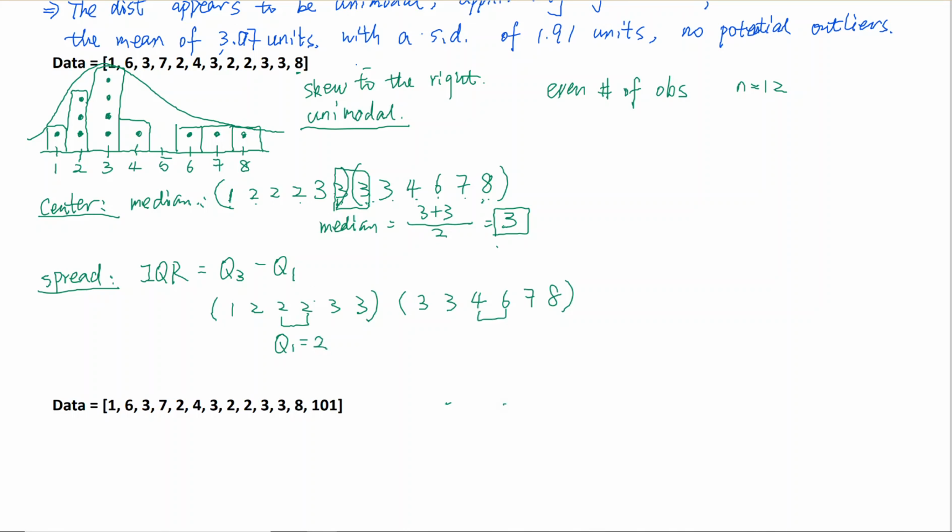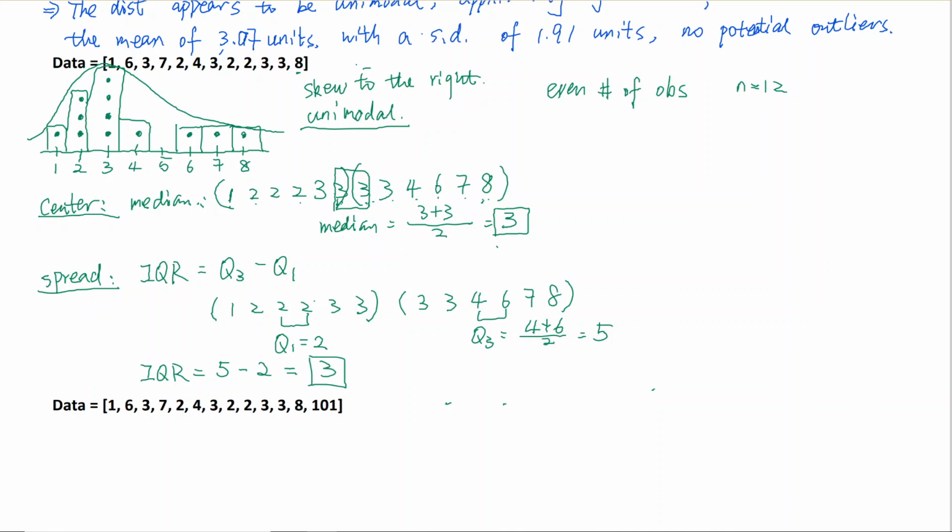Q3 will be the middle of this half, which is the average of 4 and 6, so 4 plus 6 divided by 2, which is 5, right? So that means IQR equals Q3, which is 5, minus Q1, which is 2, equals 3.